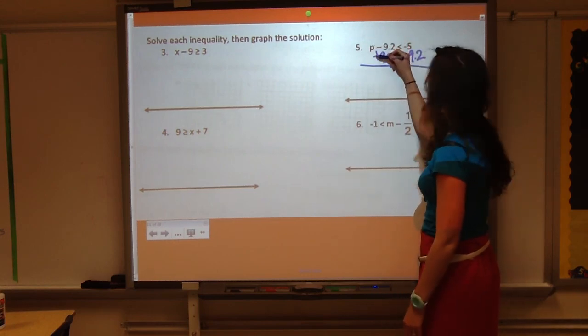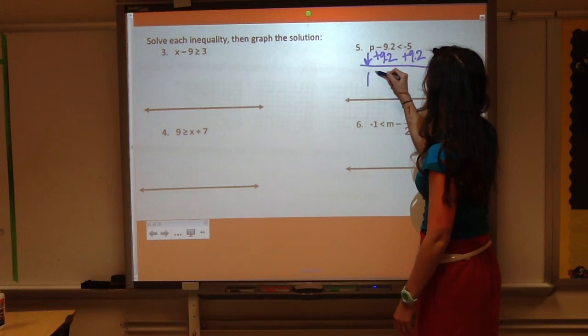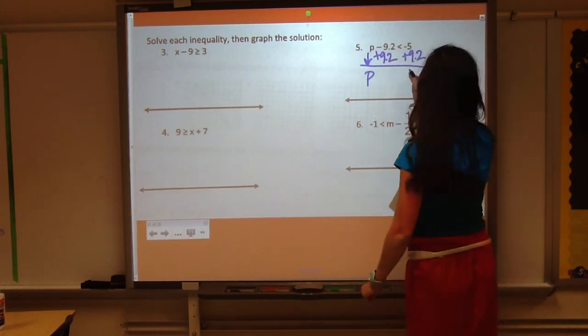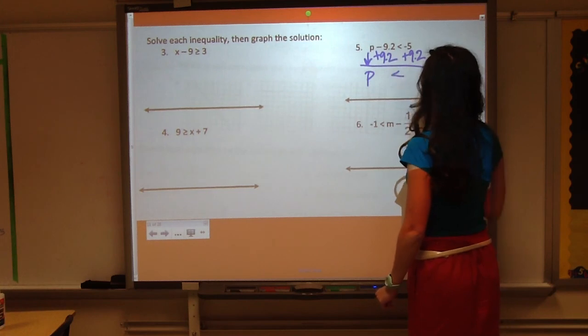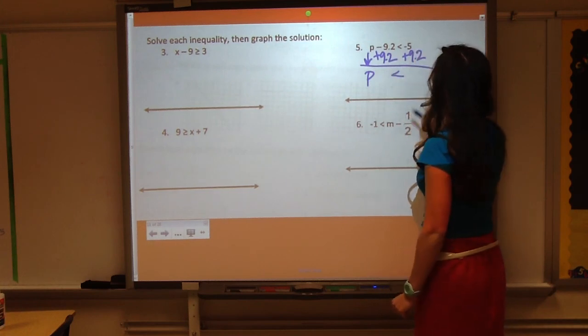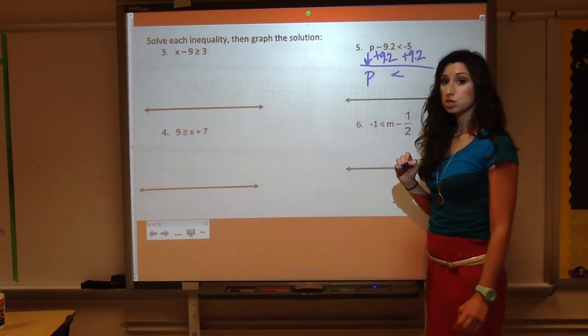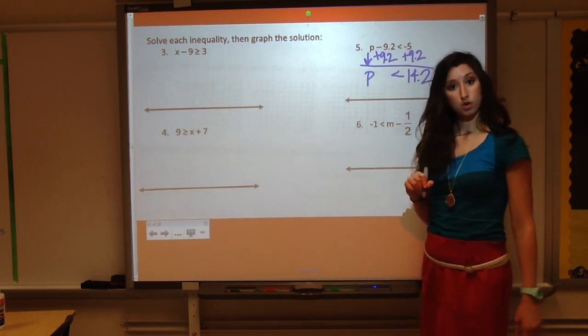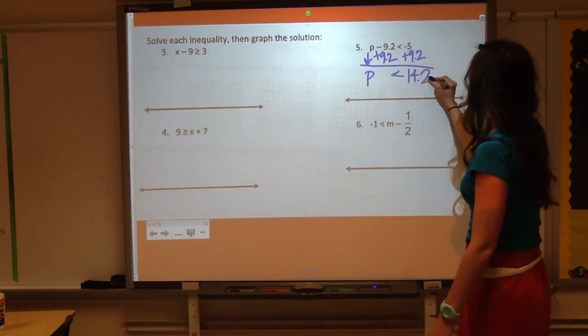So here we go. I am left with a p. P, copy the exact sign, less than, and then -5 plus 9.2 is going to be 14.2. Okay? So P is less than 14.2.